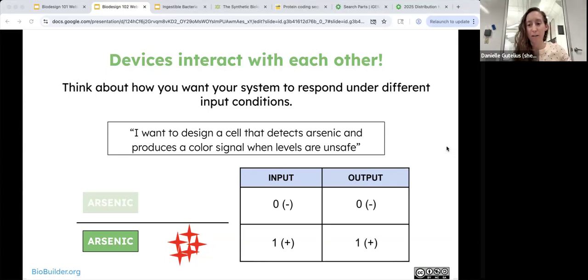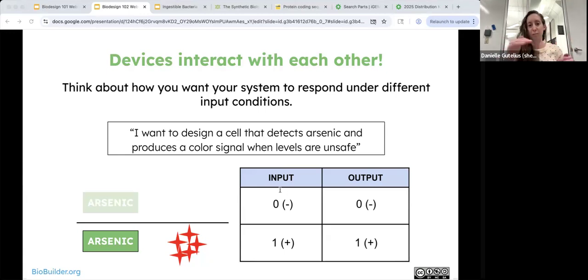Now, we're going to get into this a little bit later, but I wanted to bring it up here. You can always come back to this stage of planning and development as you dive deeper into your design and you want to fine tune your system or make it more complex. So for example, if you are designing this arsenic biosensor, you might later think, it might be helpful if we were able to detect different levels of arsenic.